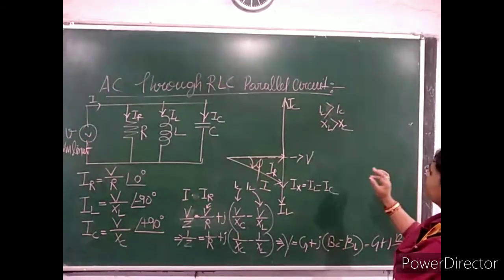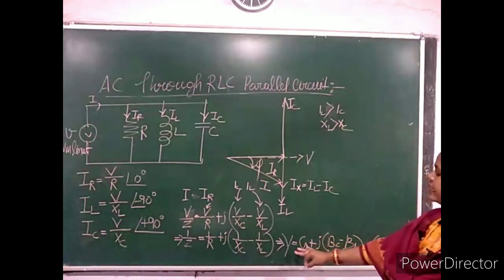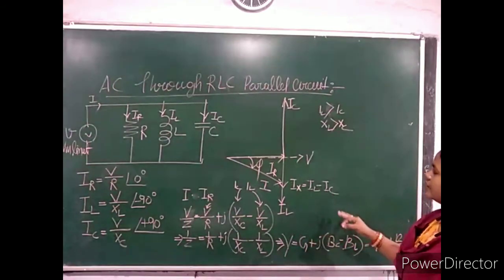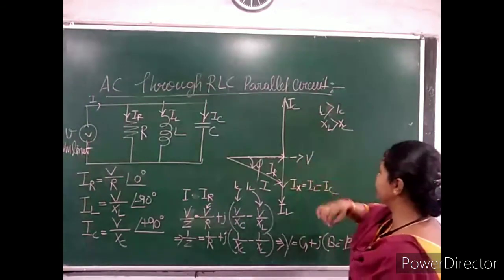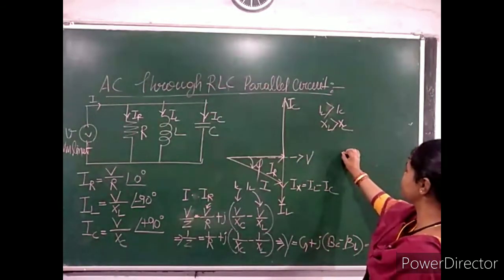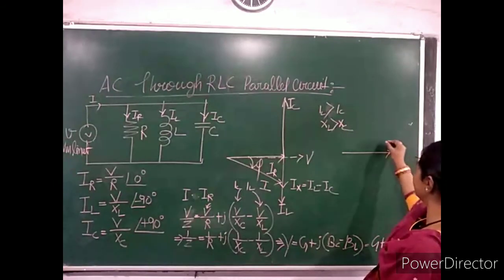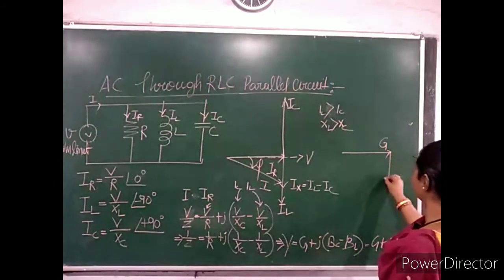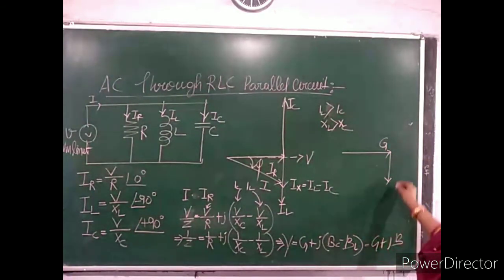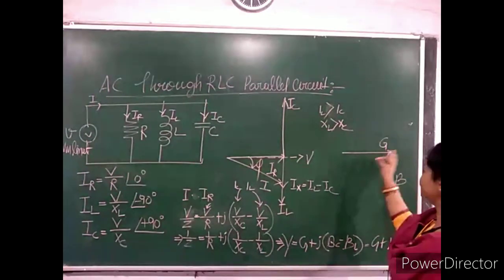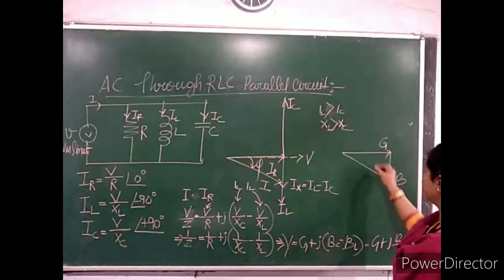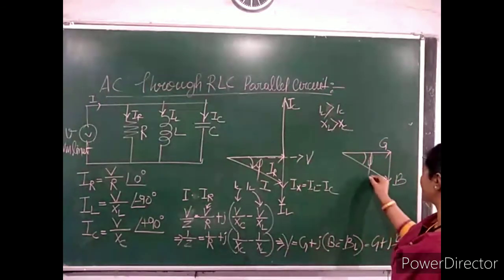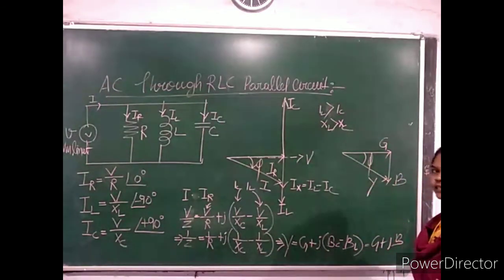Now, what is the admittance triangle? Just by taking the reference of this current triangle, I draw the admittance triangle. This one is conductance, this one is susceptance. This admittance triangle is for lagging power factor, and this is the admittance.